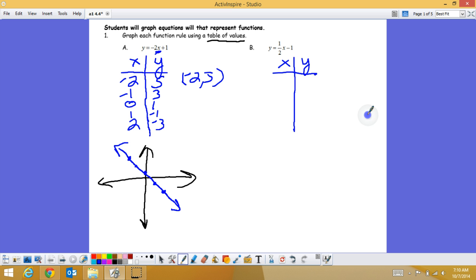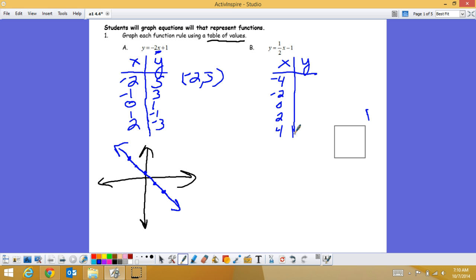So I'm going to pick all even numbers. If this were, for example, 1/3 x, I might pick nothing but multiples of 3, and so on. So pick values that are fairly easy to work with. So I'm going to pick, for example, -4, -2, 0, 2, and 4.